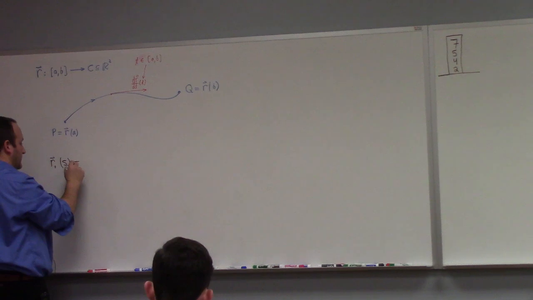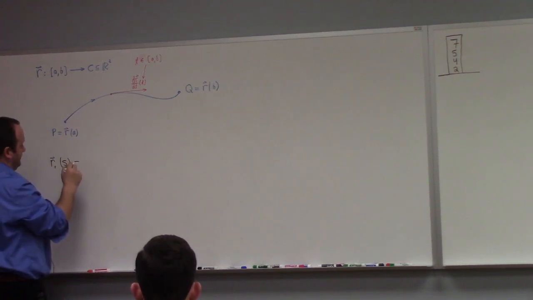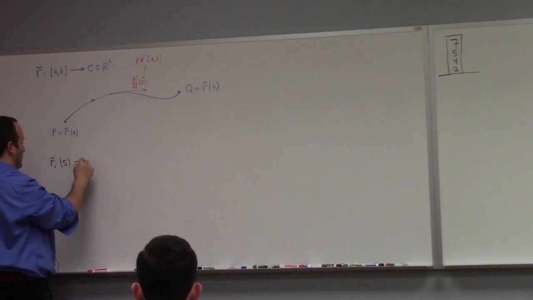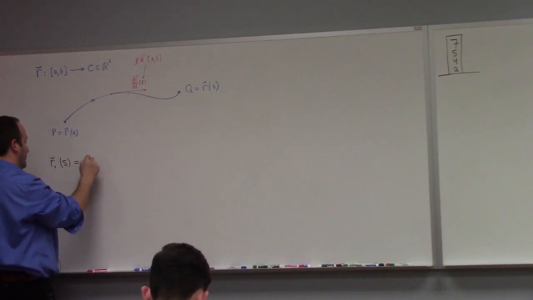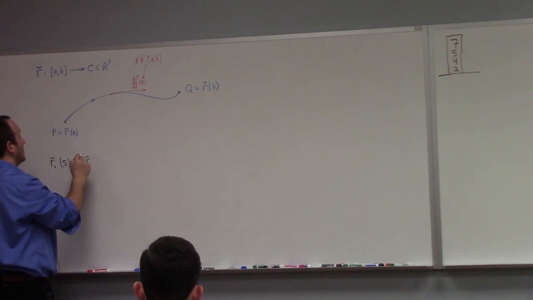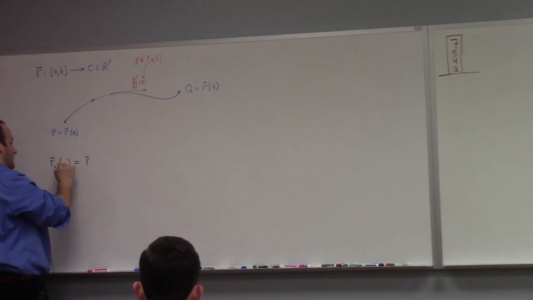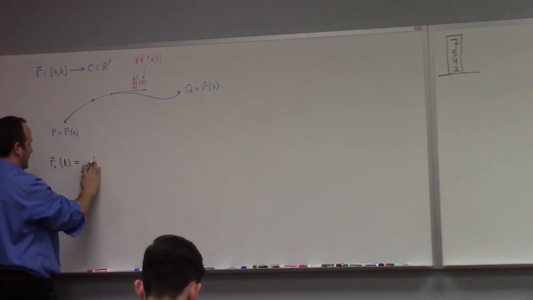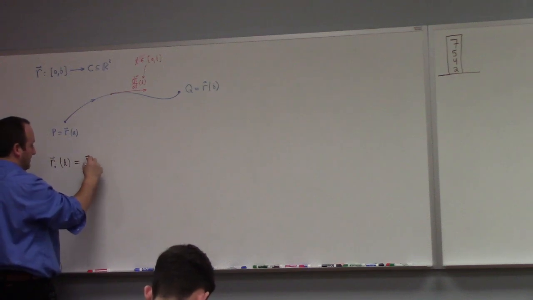So let's say that's r. r2 of t, let's say, is r of minus t.